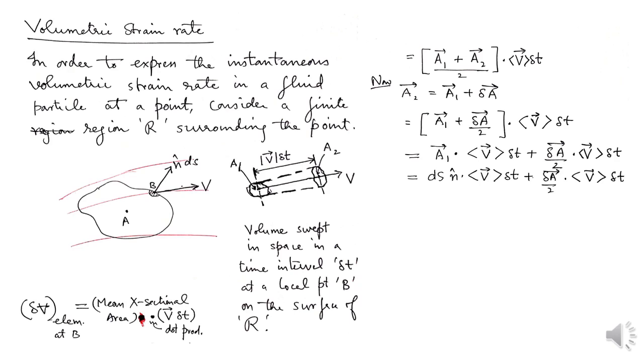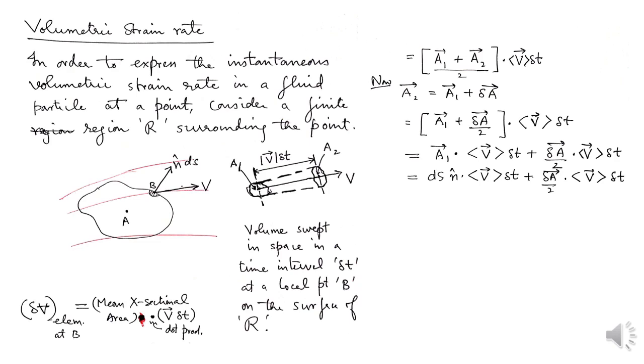And once we get the volumetric strain rate of this region at a certain instant of time, then we will invoke the limiting process of progressively reducing the size of this region till you end up with the fluid particle at point A.